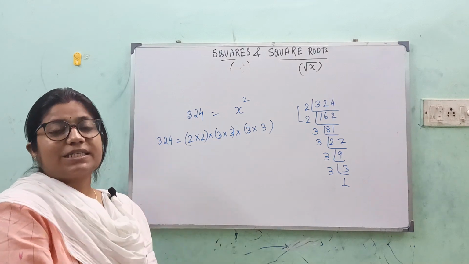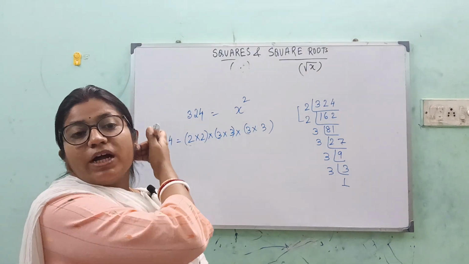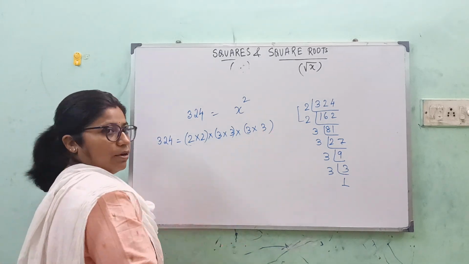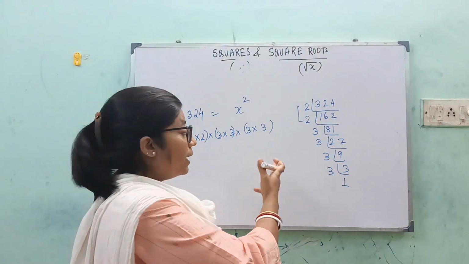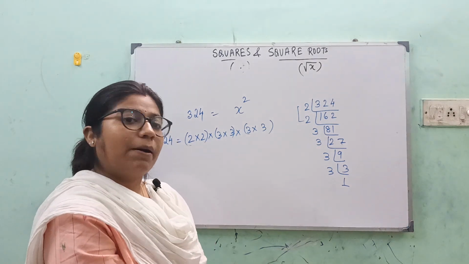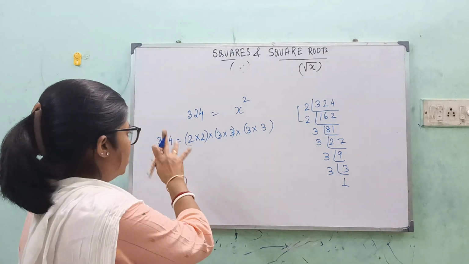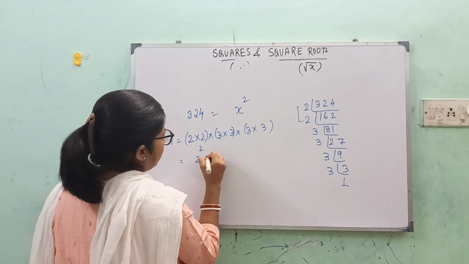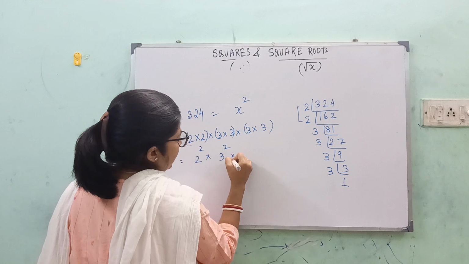So if any number is expressed in the form of product of pairs of equal prime factors, that is, everywhere you will get a pair, no number is left unpaired, then in such a case the number will be a perfect square. So this one is 2 square, 3 square, and 3 square.